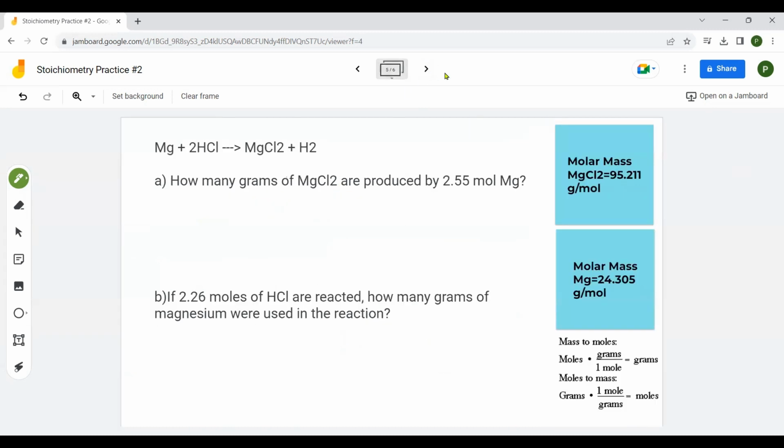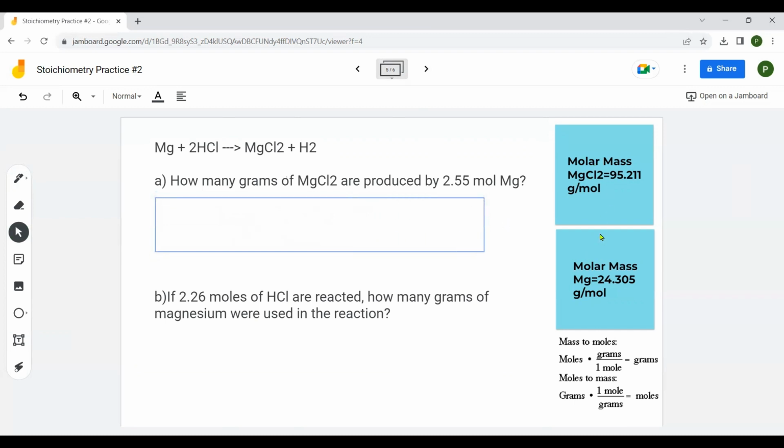Jumping into number 5, this one is another two-parter, and we will just start with part A. So we have this question. It says, how many grams of magnesium chloride are produced by 2.55 mole of magnesium? So let's just get started.